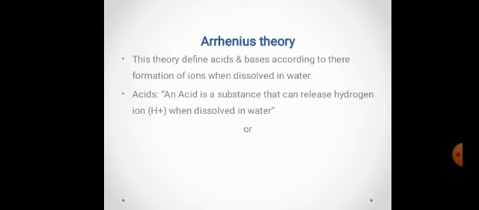The next concept is the Arrhenius theory. This theory defines acid and base according to their formation of ions when dissolved in water. According to Arrhenius, an acid is a substance that can release hydrogen ions when dissolved in water.